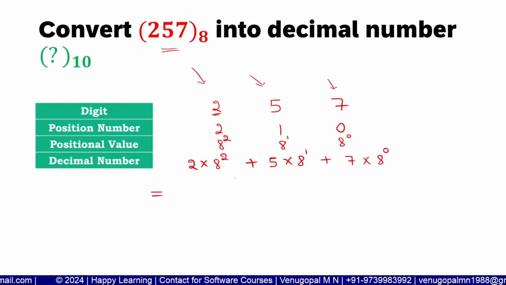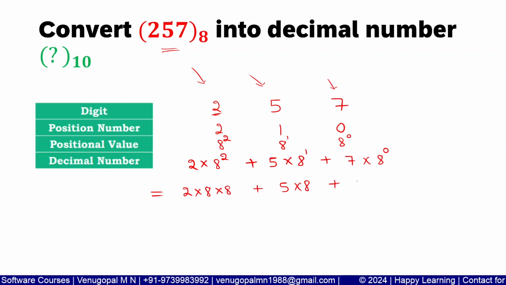Clear, guys? So now if you have to calculate this, 2 into 8 into 8. 8 square means what? You also know 8 square is 64, correct? 5 into 8 plus 7 into 8 to the power of 0, which is 1. Here 8 to the power of 1 is 8.